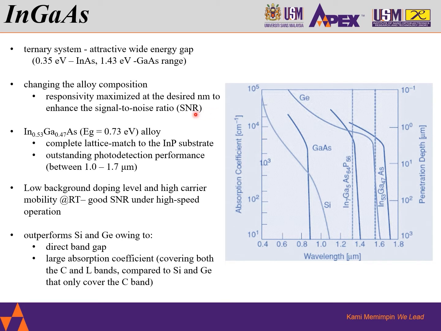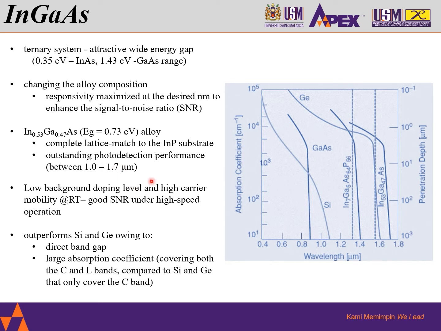By simply changing the alloy composition, the photodetection responsivity can be maximized at the desired wavelength to enhance the signal-to-noise ratio, especially for indium gallium arsenide with a composition of 0.53 and 0.47 and a bandgap of 0.73 eV. This alloy gives a complete lattice match to the indium phosphide substrate and outstanding photodetection performance at wavelengths within 1.0 to 1.7 micrometers.